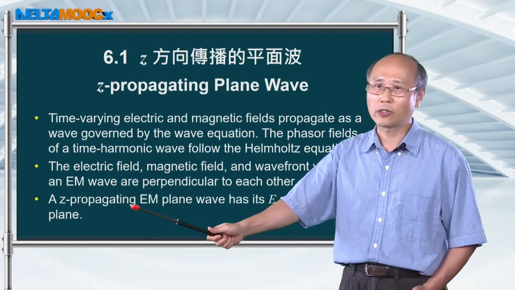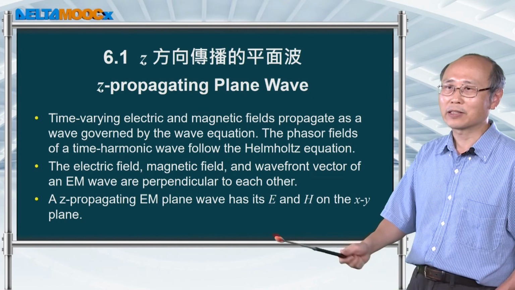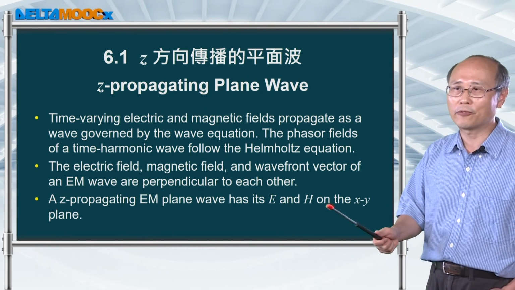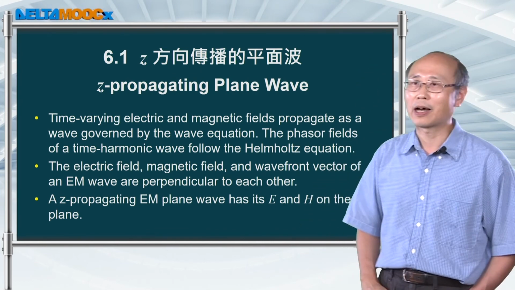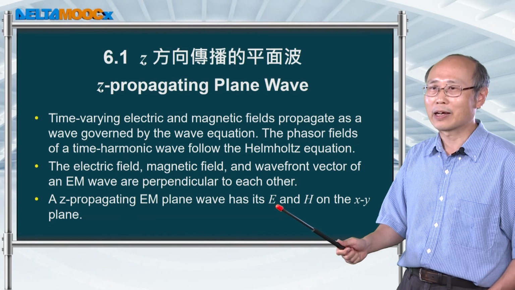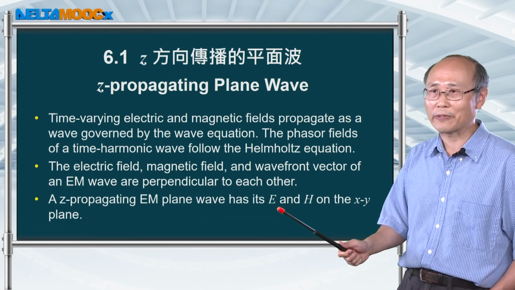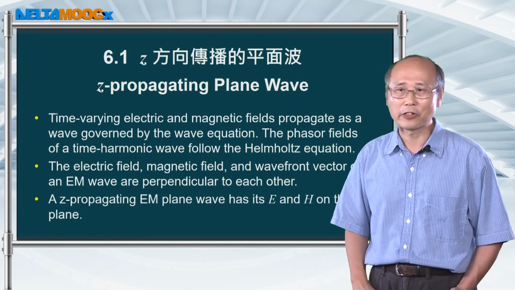And we also talk about a z propagating electromagnetic plane wave has its electric field and magnetic field along the XY plane. So in the next sessions, we'll be talking about the polarization of the wave, and the polarization of the wave is going to be on the XY plane. So this will simplify our discussion.